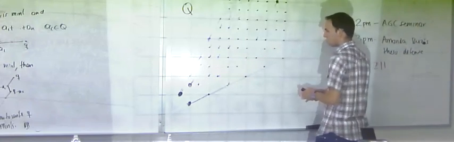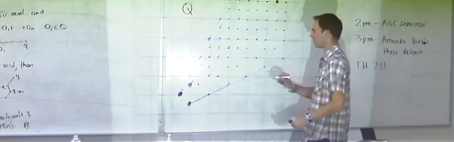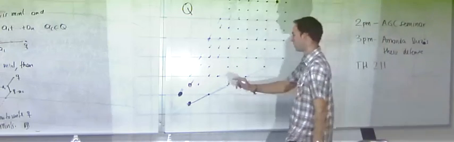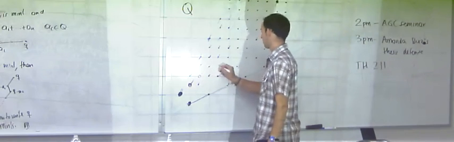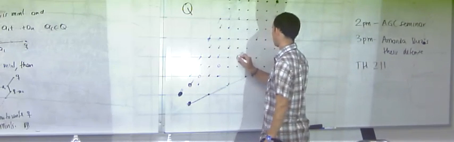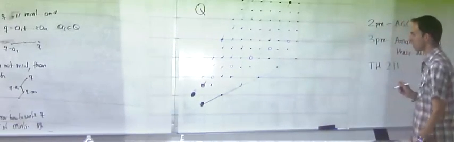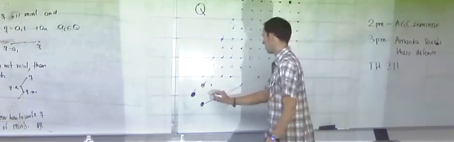Yeah, maybe let me draw in what's missing. So this is missing, this is missing, this is missing, this is missing, this is missing. So that line is missing, okay? And this line is missing.